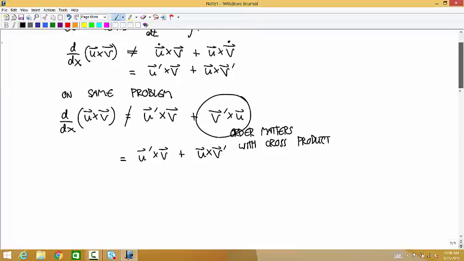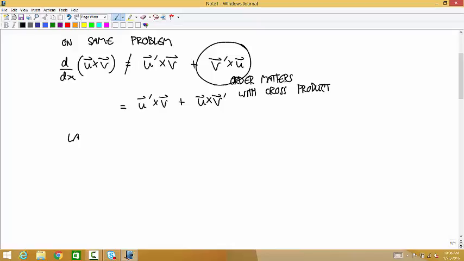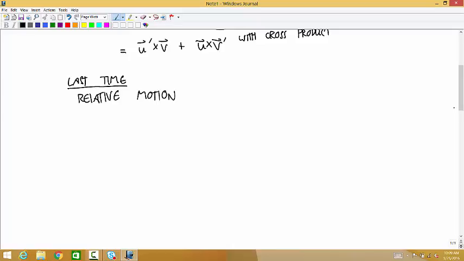So last time we were talking about relative motion, and I gave you the three definitions. Let's think of it like this.